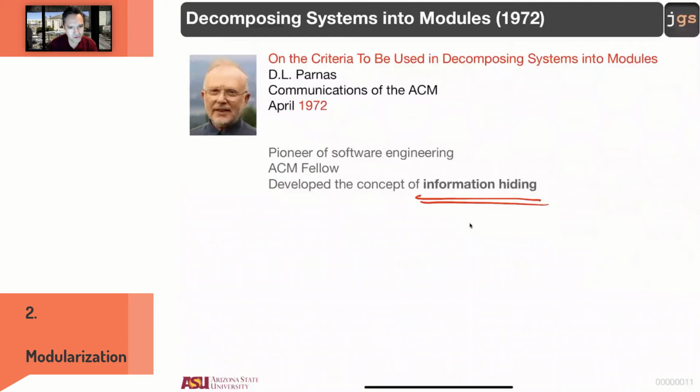Two different modules, and one is hiding things from the exterior, from the other modules. That is the key idea in the paper, and that is what this author is proposing. Why are we reviewing Parnas after the previous one? Well, they propose two different key ideas regarding how to modularize software.